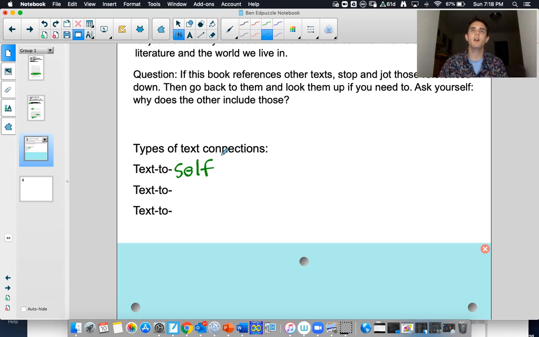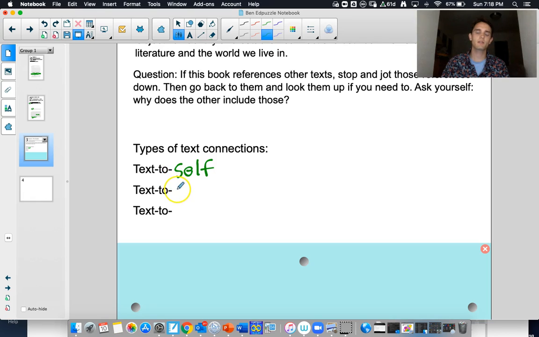That's when you're really relating yourself to that protagonist. So are there things that I like about this protagonist? Are there things I don't like about this protagonist? Are there things that this protagonist does that remind me about myself? Does this protagonist have a similar outlook on life as me? That would be a text-to-self connection.